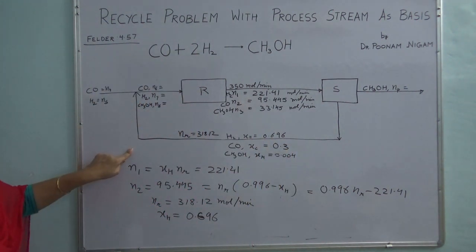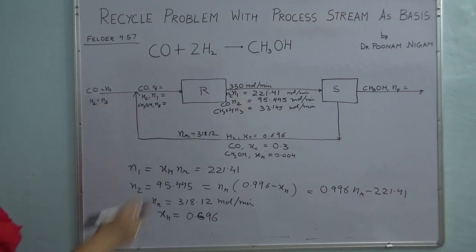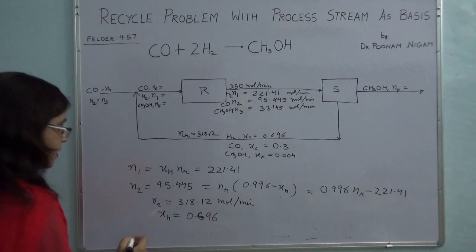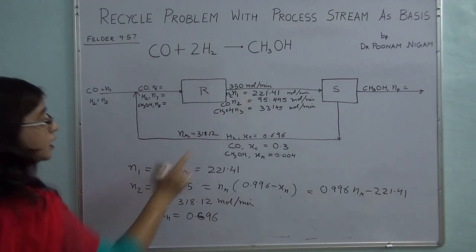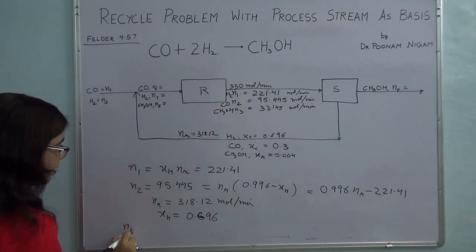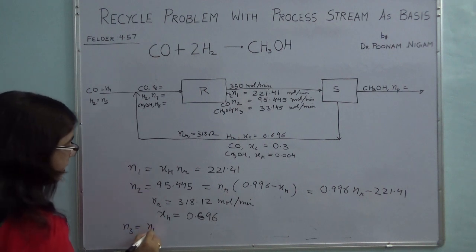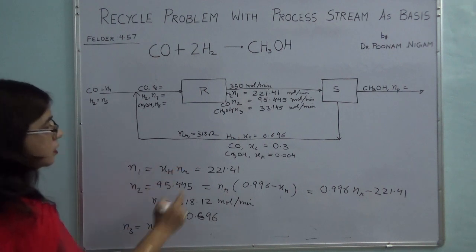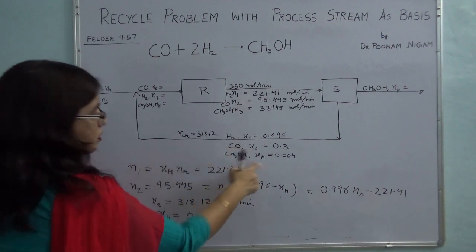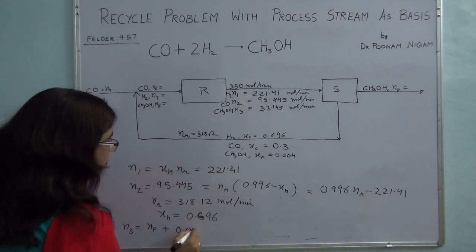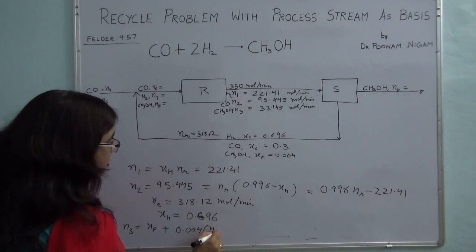Okay, the remaining thing which is left is my product flow rate. So I am going to take methanol balance. Now methanol balance will be what? N3 should be equal to my NP plus 0.004 times my NR.